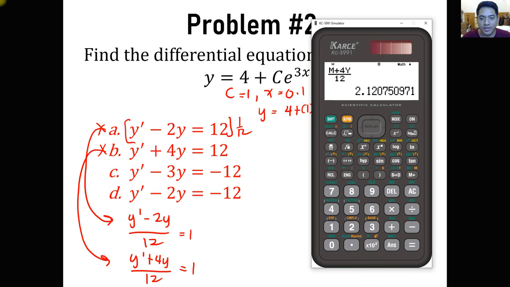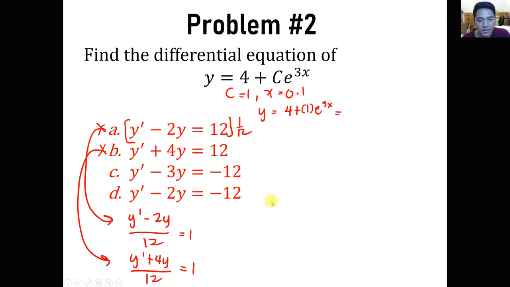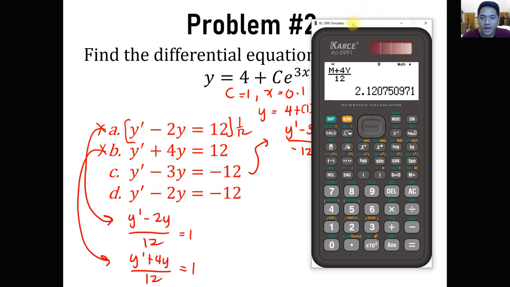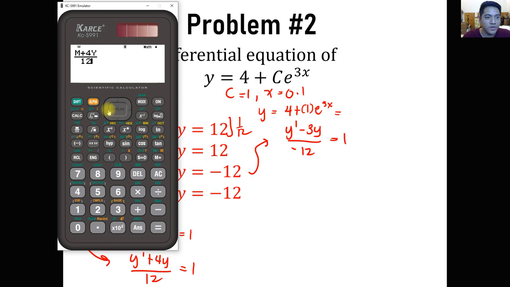How about letter C? If we do letter C, we just simply write this as y prime minus 3y all over negative 12 equals to 1. So if this is equals to 1, then definitely that's the answer. So I'm just going to rewrite this. Y prime, that's m for our y prime again, and then 3 alpha y all over negative 12.